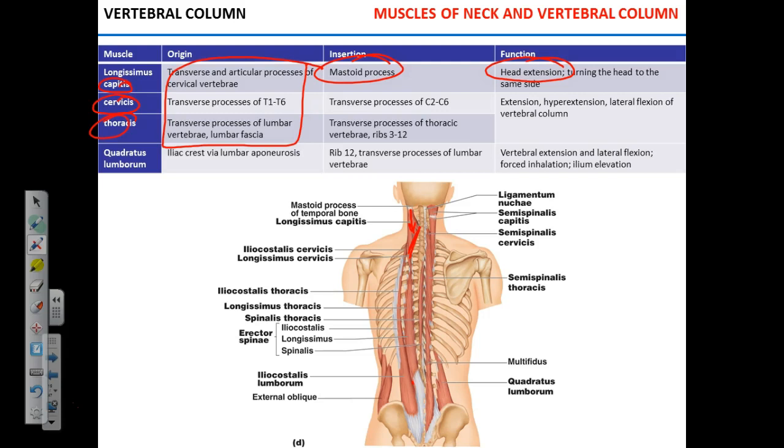Do you see why? Now, if I pull back, to the back side, it turns to the same side. So my left longissimus capitis will turn the head to the left side. My left sternocleidomastoid will turn the head to the right side. Okay?